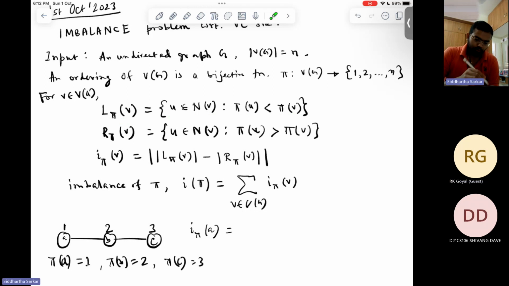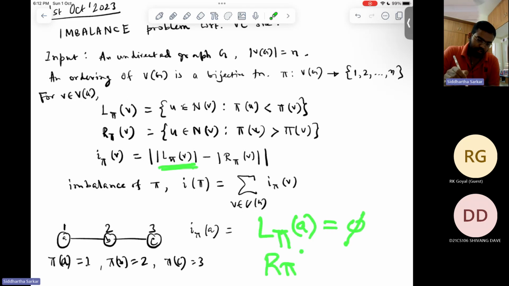Right. So A doesn't have a neighbor which has received a smaller labeling than the label of A, because the label of A itself is the smallest label. So L pi of A is going to be the empty set.